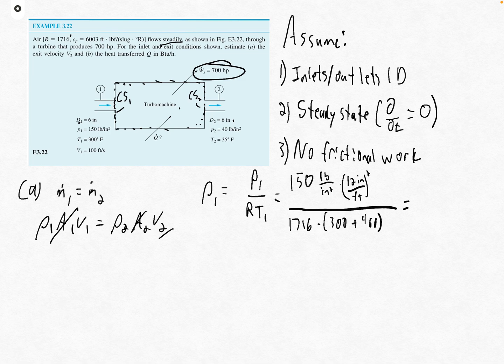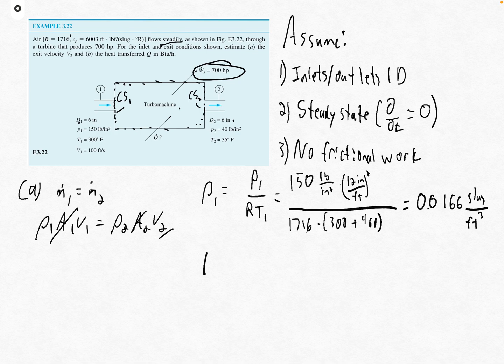Looking at the units on that gas constant, what we end up with is 0.0166 slugs per foot cubed.